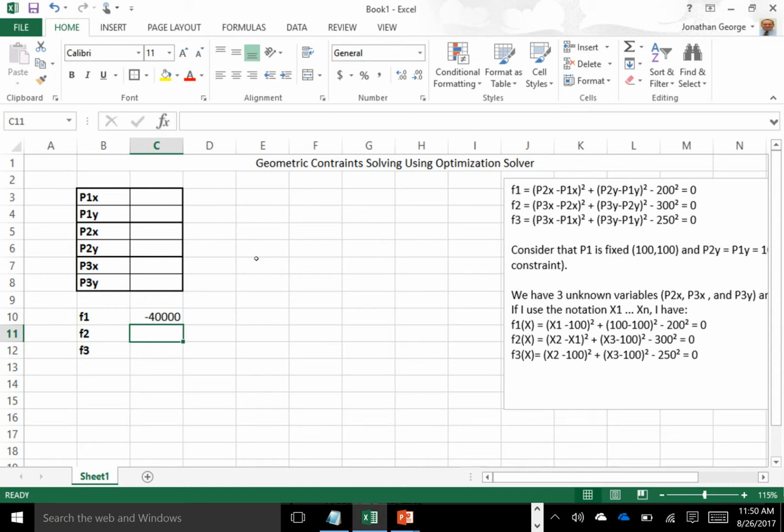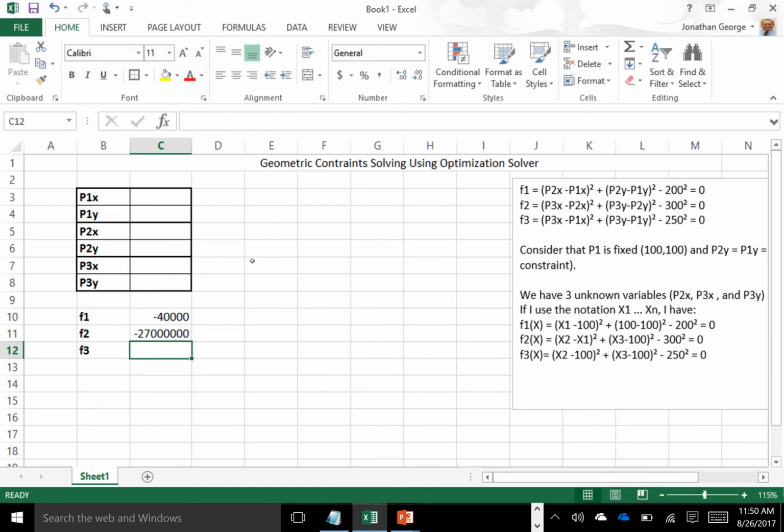Second constraint equation is going to be equal to the quantity P3x minus P2x, squared, plus P3y minus P2y, squared, minus 300 squared.